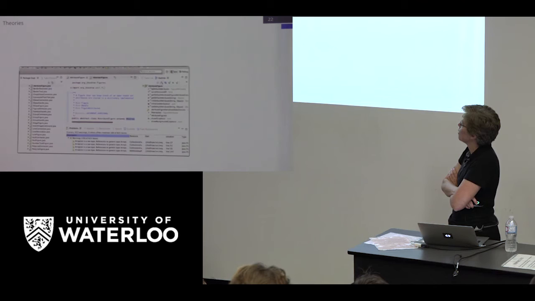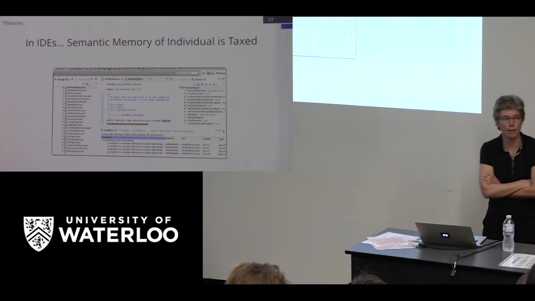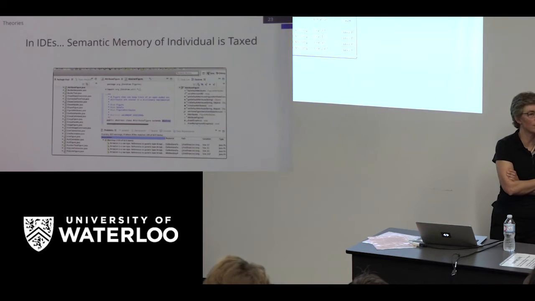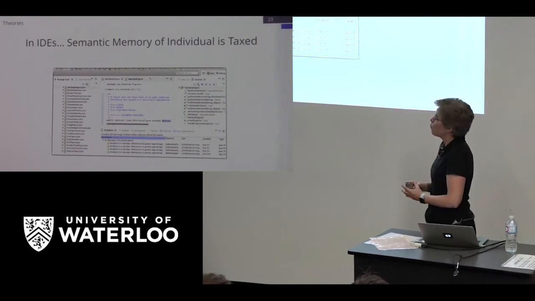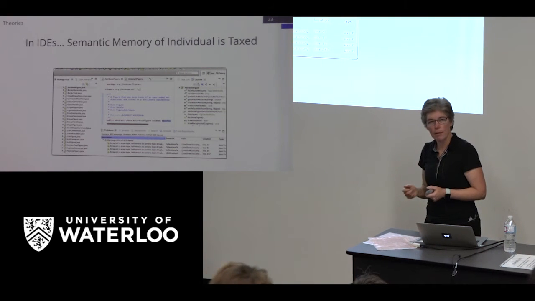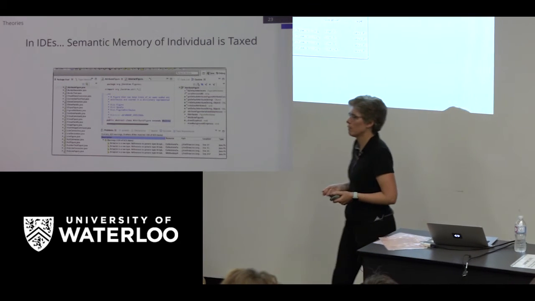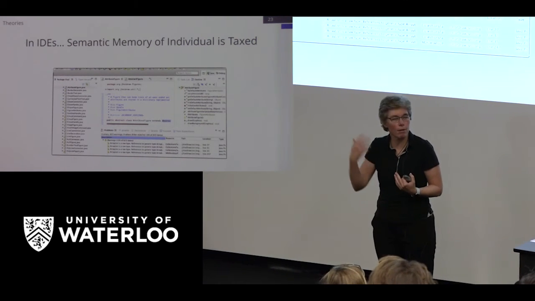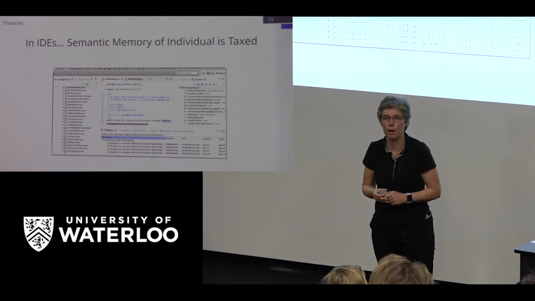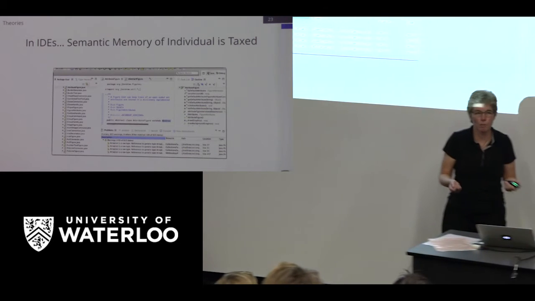So going back to my Mylyn example, if you think about an IDE, and you think about how somebody uses an IDE, what it's really based around is taxing the semantic memory of individuals. There are different kinds of memory models. Semantic memory is one kind of model that psychologists think is going on in our brain, and it is a multiple exposure model.